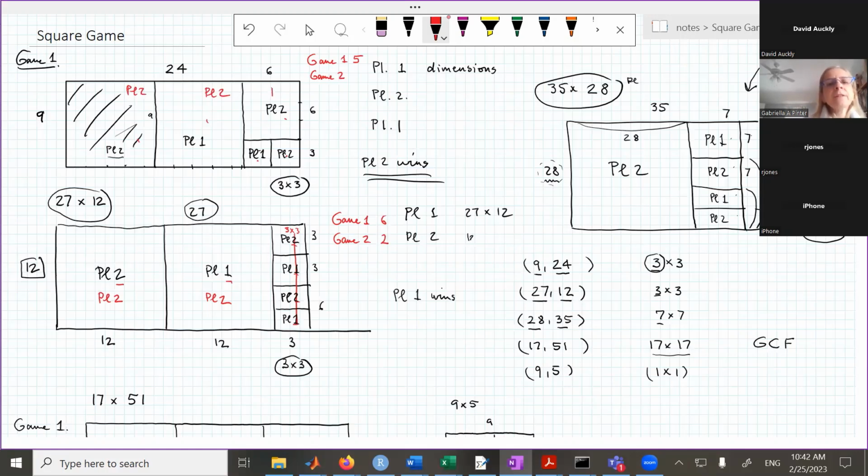Then player 1 draws a 6 by 6, but can only draw 1 6 by 6 square because no more fits. But after that, we have a 3 by 6 rectangle, and player 2 can draw both of these squares in. So in this case, it's just 3 steps.